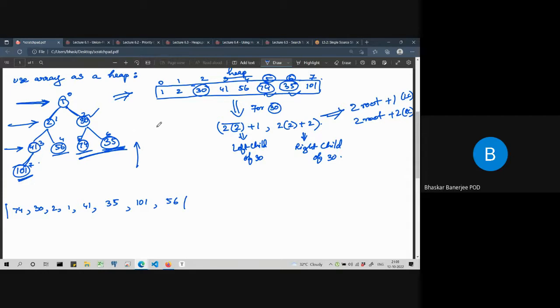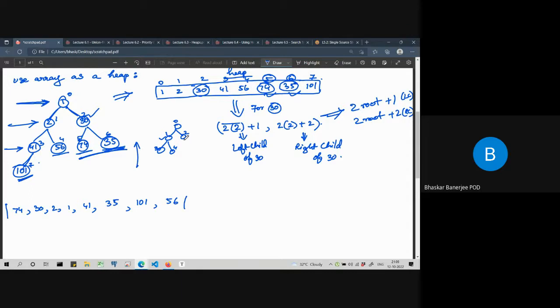If I draw another heap, let's say any structure, I'm not putting the values. Let's say this is my structure. It is also a heap, an almost complete binary tree. If I put the indices 0, 1, 2, 3, 4, then this node is the first non-leaf node or the first parent node from the bottom.